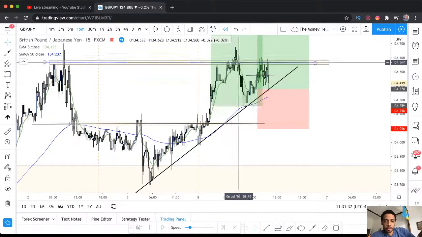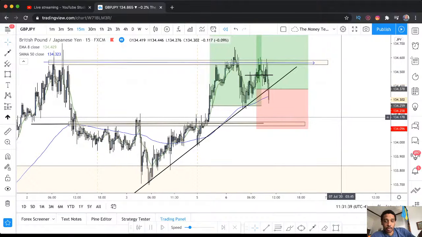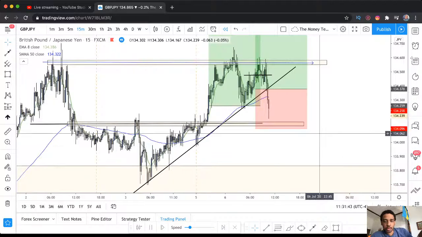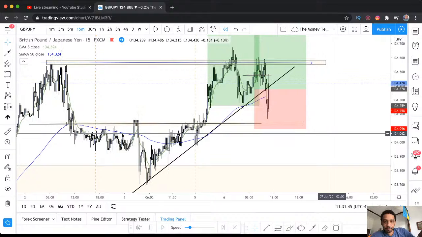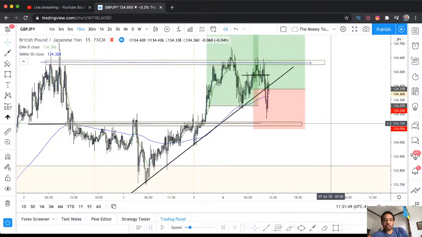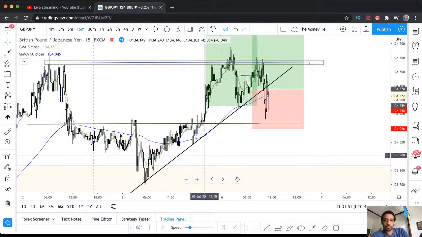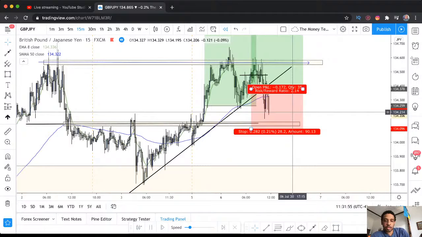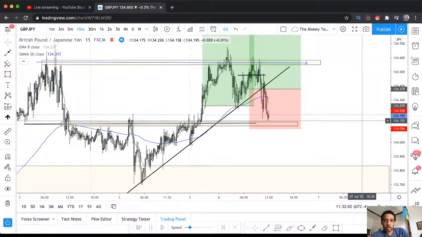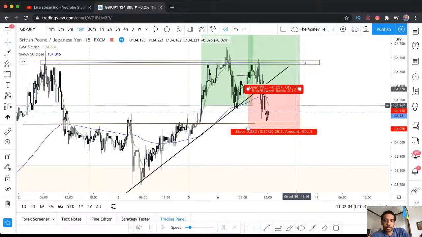See how strong the resistance is? When the resistance breaks, daddy. Oh, I got stopped out. Still in this one though. You're gonna get stopped out again. Damn, price did that much of a retest?